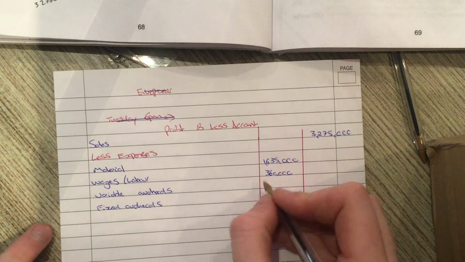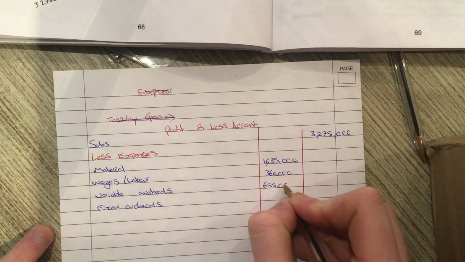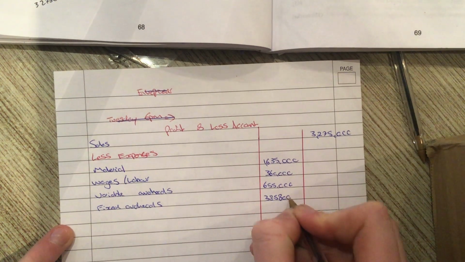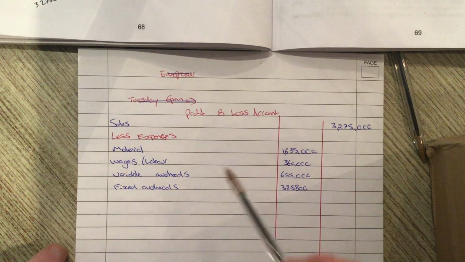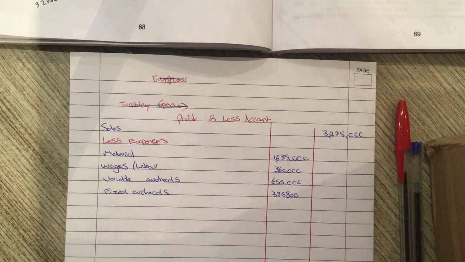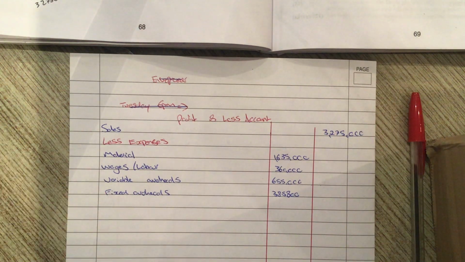So variable overheads 655, fixed overheads is 385,800. Now this is the way I do it. I just do sales less expenses gives me my net profit. This is just the way I like to do it, because you can list off all your expenses together.